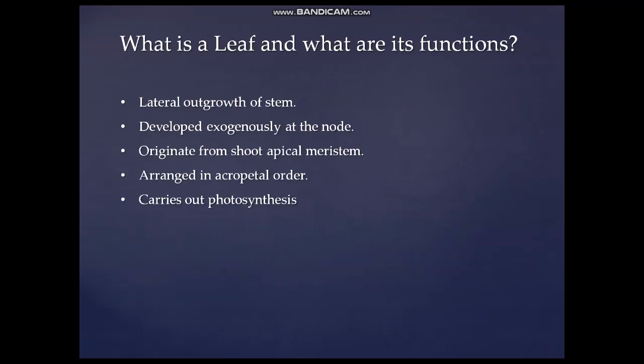Leaf is the lateral outgrowth of the stem, developed exogenously at the node. The meaning of exogenously is, the word exogenous arises from the word exit, meaning outside. Next, originate from shoot apical meristem.